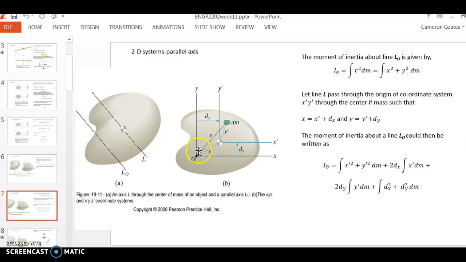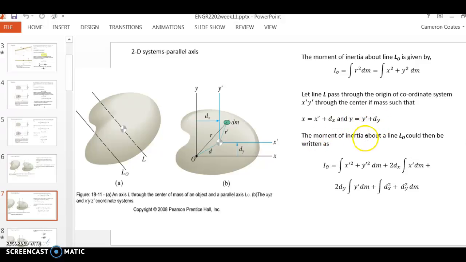So remember, the x distance to point dm would come from the y axis all the way out there. So clearly x must be equal to dx plus my x prime distance, which comes from the y prime axis to dm, right? And similarly, we can say y is equal to y prime plus dy.